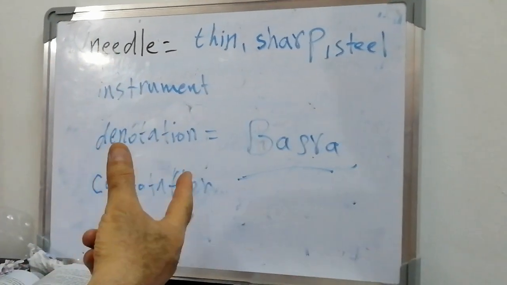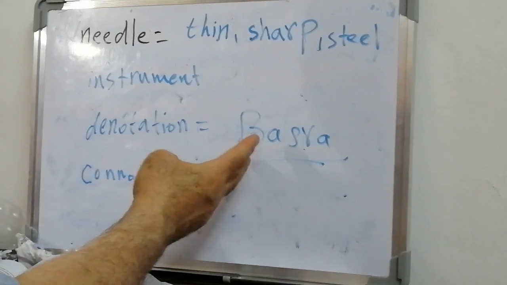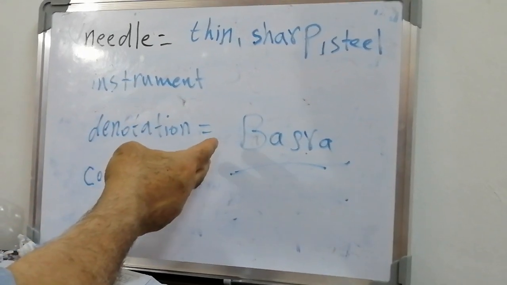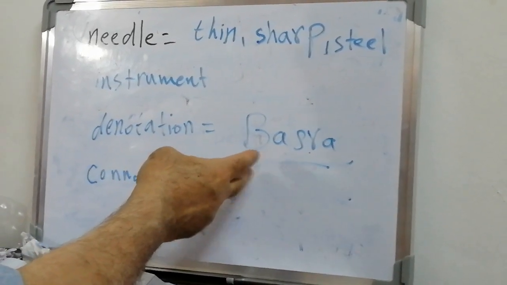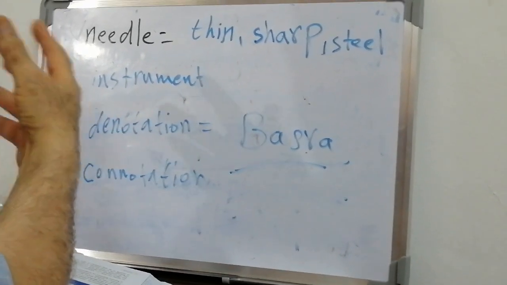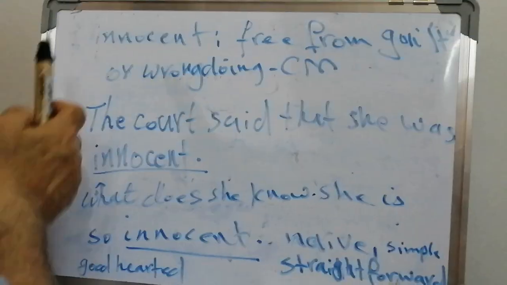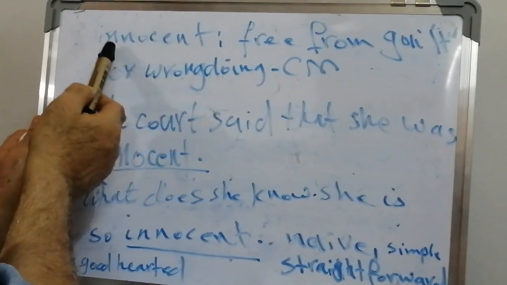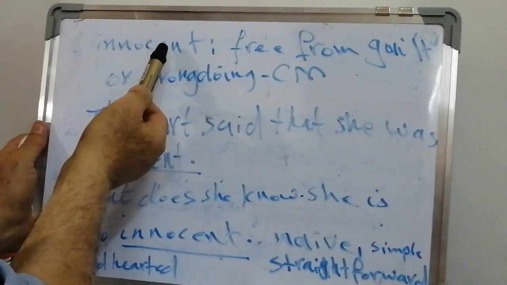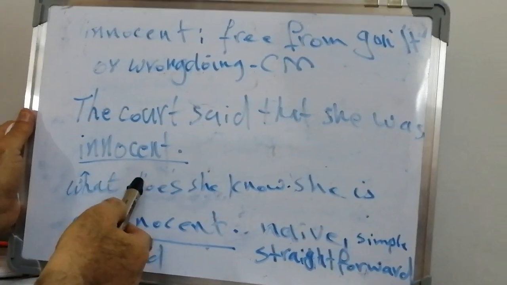A poet, for example, maybe he knows the connotational meaning of the word Basra to As-Sayyab. Maybe it is different from the connotational meaning of the word Basra to a layman who is not a poet like As-Sayyab, or a foreigner who lived in Basra, etc. Okay, now let me give you an example of the word innocent and how the word innocent has a conceptual meaning and an associative meaning.